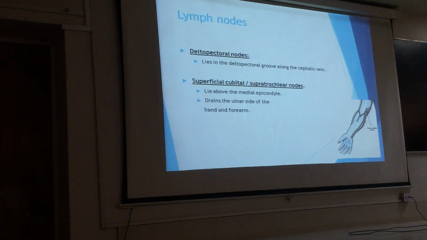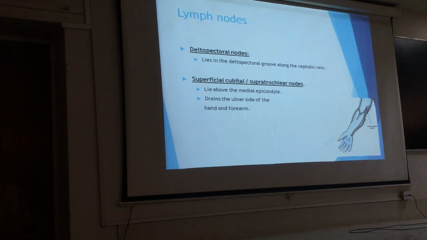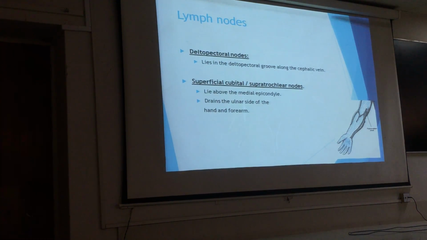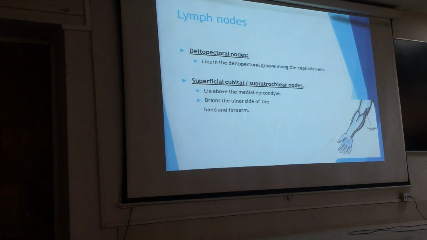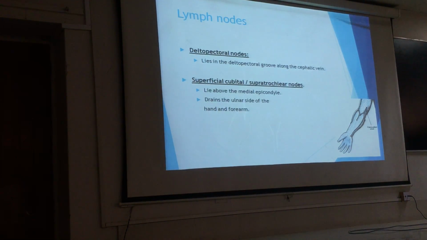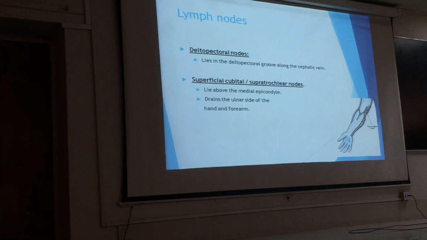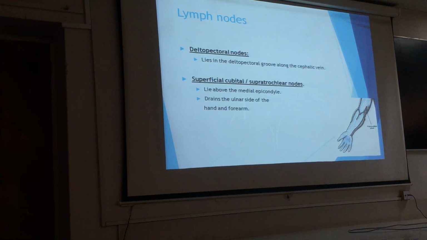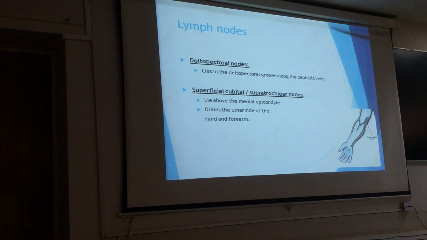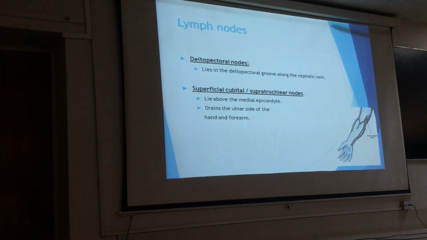Then there was another set of the lymph nodes जिसको हमने कहा था cubital या फिर supratrochlear lymph nodes. Now when we are talking about these cubital or supratrochlear lymph nodes, they were actually lying along the cubital fossa. Cubital fossa में I told you that they were lying just superior to the medial epicondyle of the humerus, and that is why we are giving the name supratrochlear lymph nodes.